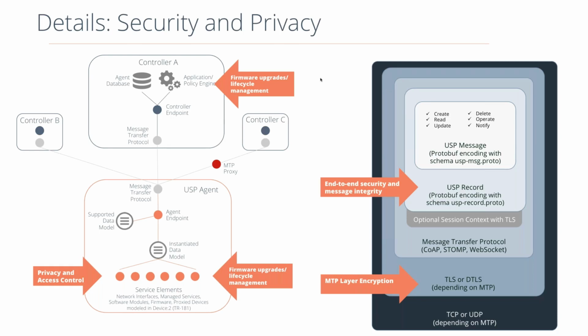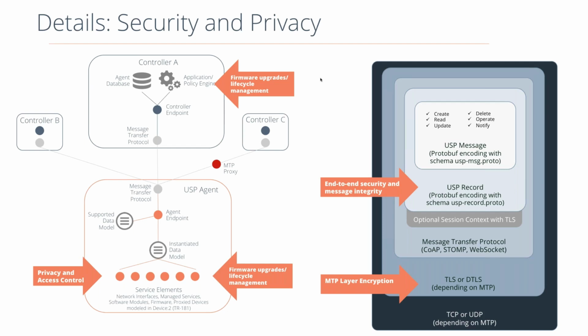So if we look at it in the big picture here, at the top and the bottom and directly in the middle, you'll see the firmware upgrades and the lifecycle management approach here. So this is definitely a two-part solution, because you have your controller that's defining what your application policy engine is around firmware upgrades, when to apply them, what devices they need to be pushed to, and at what point in time they need to be pushed.